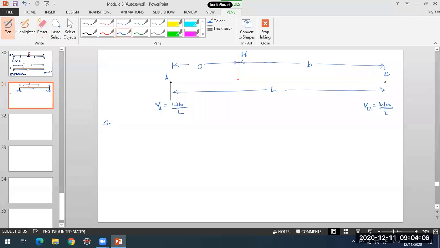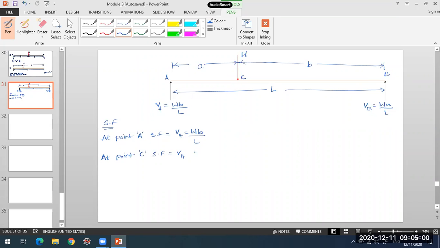Now, shear force in this beam, if you try determining that, first we'll start with point A. At point A, the shear force will come out to be VA, which is equal to W into B by L. Next, if I take this to be point C, here the shear force will be equal to VA if I take a section before crossing this concentrated load.